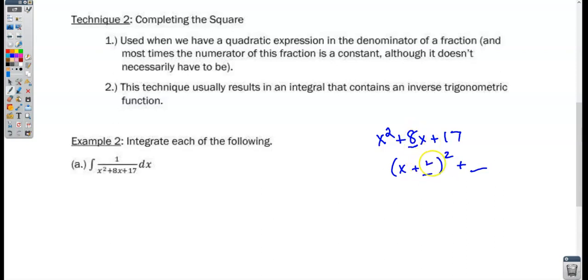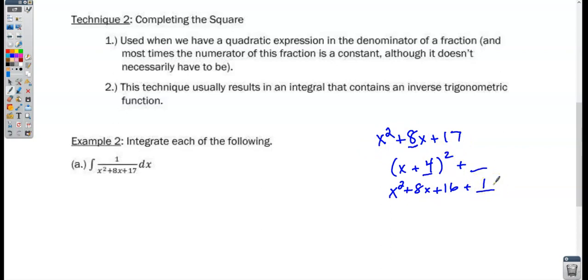And so in order to complete the square here, we want this to be x plus 4, the quantity squared, plus something. Now if we expand x plus 4, the quantity squared, we get x squared plus 8x plus 16, which means that the other number that we need to add outside of here, in order to get it to be equal to our original expression, is a positive 1.